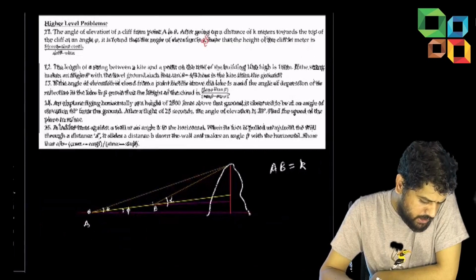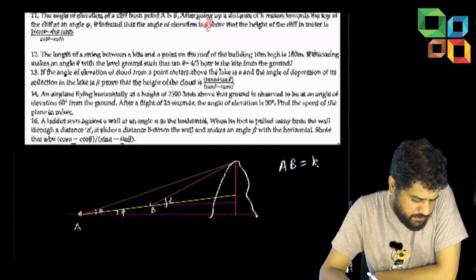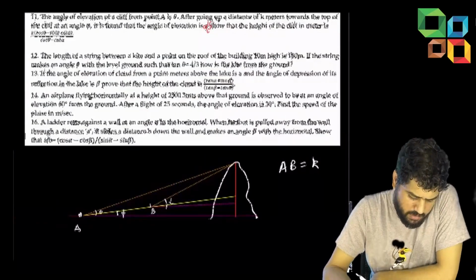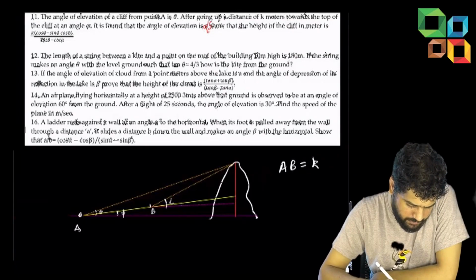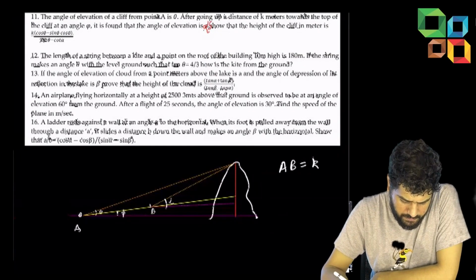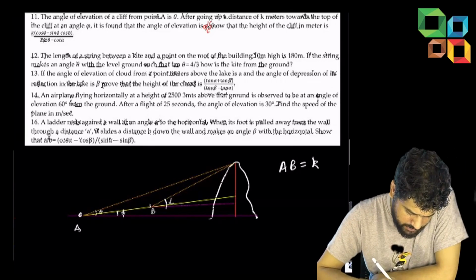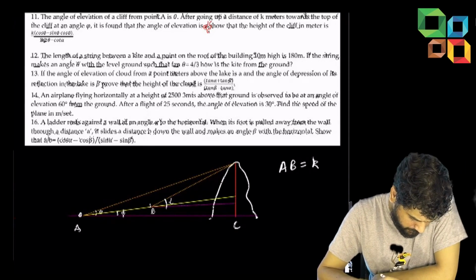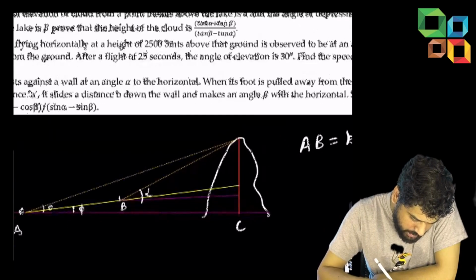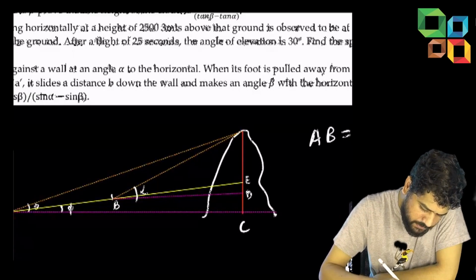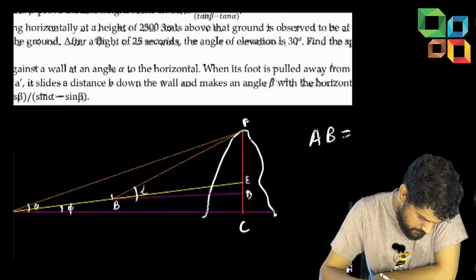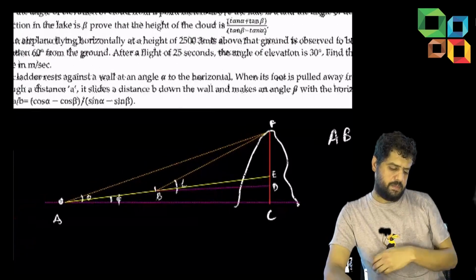Show that the height of the cliff is some expression. We need to find the height of the cliff. So let me name all the points C, D, E, F.